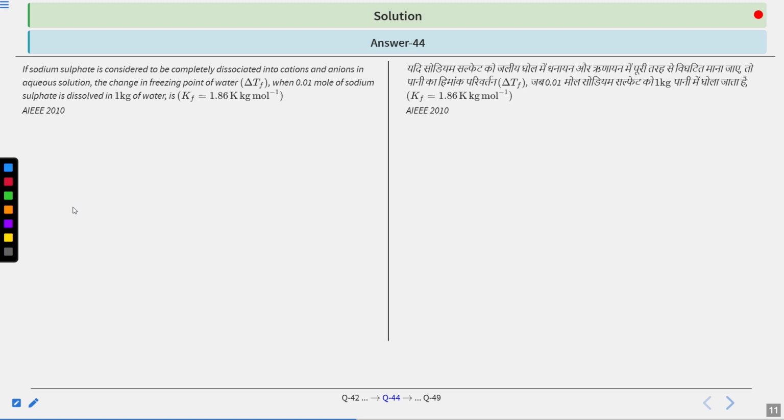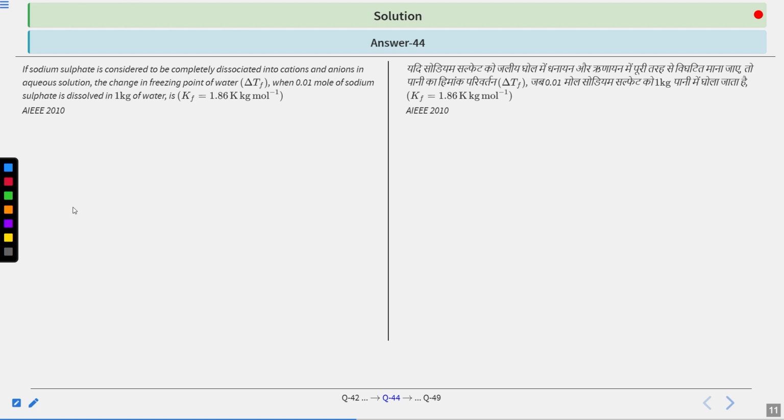So, in this question, you have said that your sodium sulfate is considered to be completely dissociated into cation and anion, right? Completely dissociated means if you dissolve this sodium sulfate in water, then you will get your ions, that is 2Na plus, and your remaining sulfate ion. So if you dissolve this, you will get a change in freezing point.